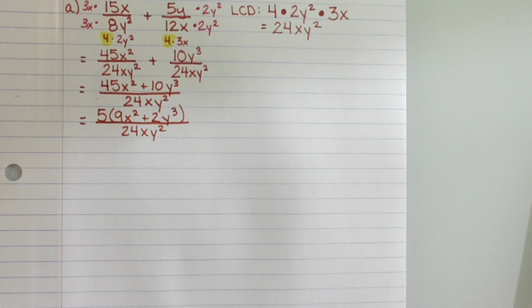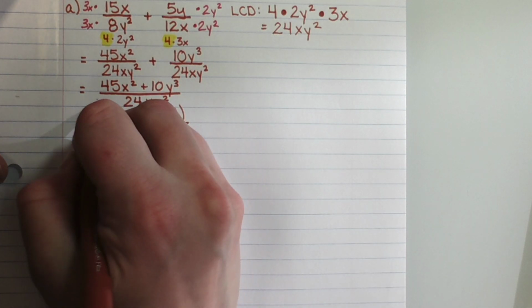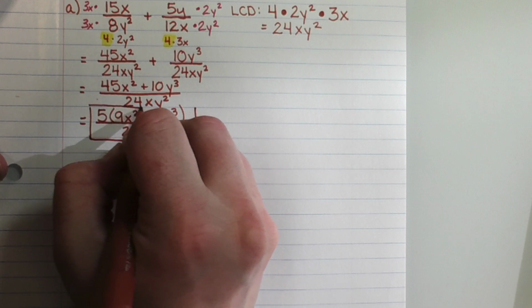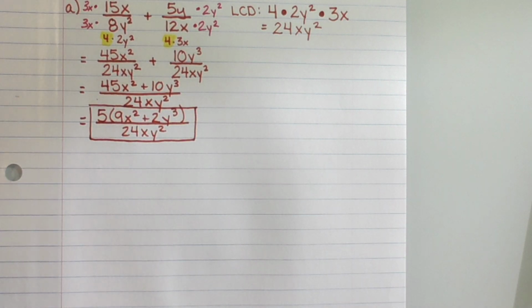The 24xy² only has the opportunity to simplify with what? The 5. Does something divide out of both of those? No. It does not simplify further. Sometimes you add the fractions and they just won't simplify. And that's okay. Before I'm done though, what's the other thing I need to find when I'm working with rationals?